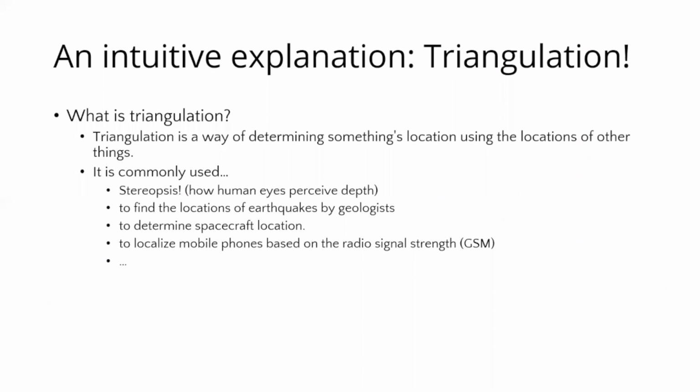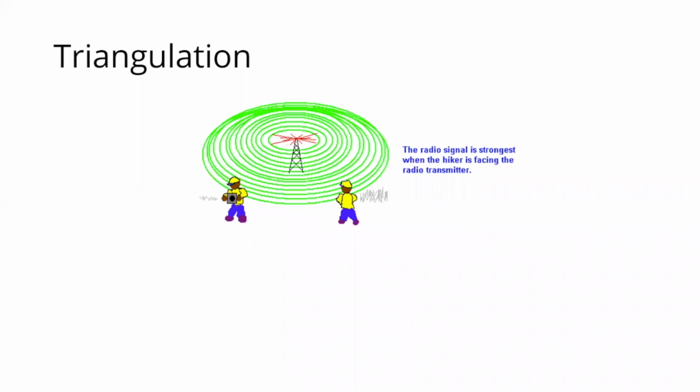Now, that was a little bit dry and quite technical explanation of what Nystrom approximation is. A more intuitive explanation of Nystrom approximation is triangulation. Imagine you have a radio tower, okay? And you're at one location.